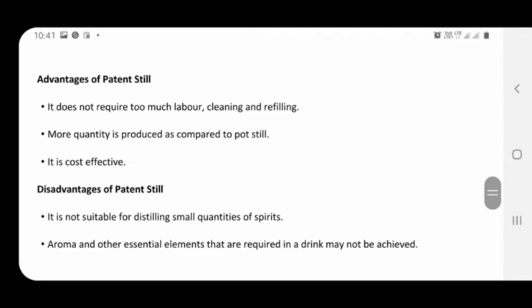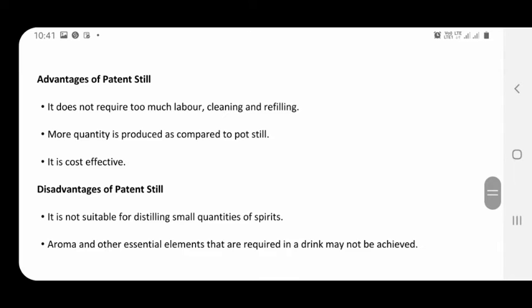Hot wash enters the analyzing column. Spent wash leaves. Hot wash leaving the rectifier column. Steam entering the analyzing column from the base. Cold wash entering the rectifier column. Head vapor is collected for further distillation. Cold pipes condense the alcoholic vapor. Spirit is collected. Alcoholic vapor enters the base of the rectifier column. Tails go for further distillation.